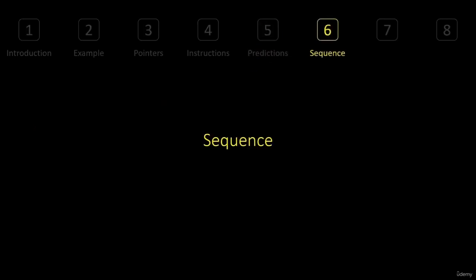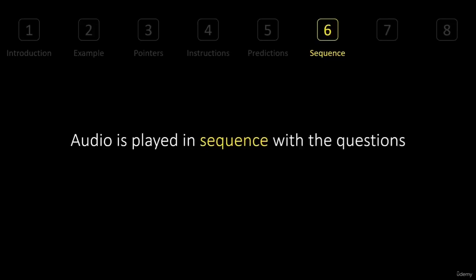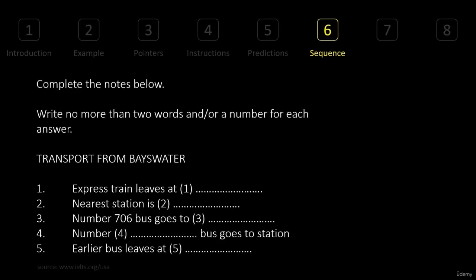Second is, third is sequence. Now, what is the meaning of sequence? Let's say the audio is always played in sequence with the questions. Let's see the questions again. When you look at this, we have question 1, question 2, 3, 4, 5. When the audio is being played, they'll talk about information number 1, then information number 2.